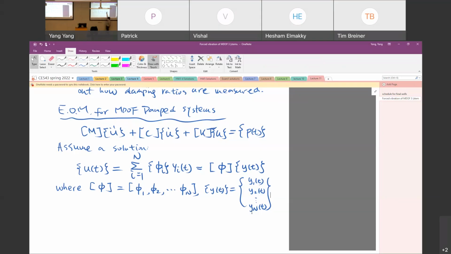The p of t in the top equation is time dependent, so the response is time dependent, while the modal shapes phi 1 through phi n are time independent.